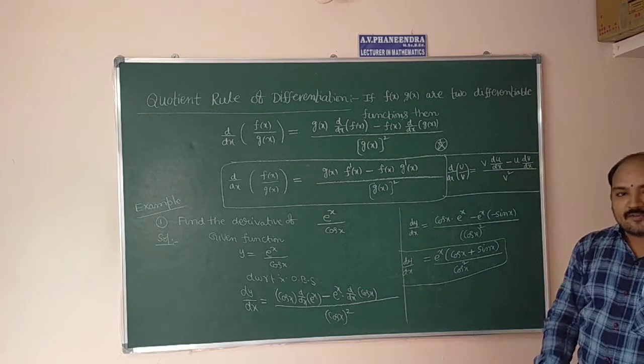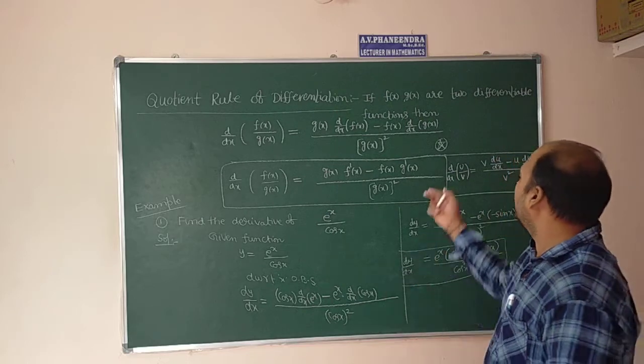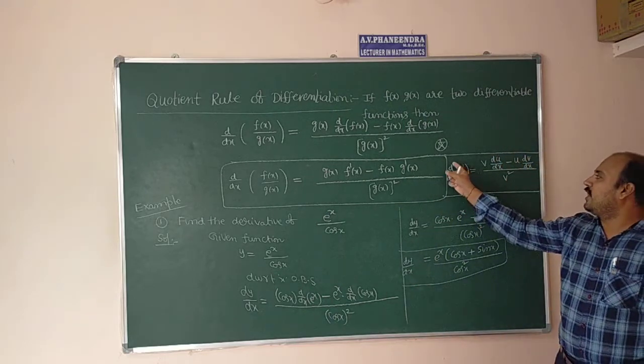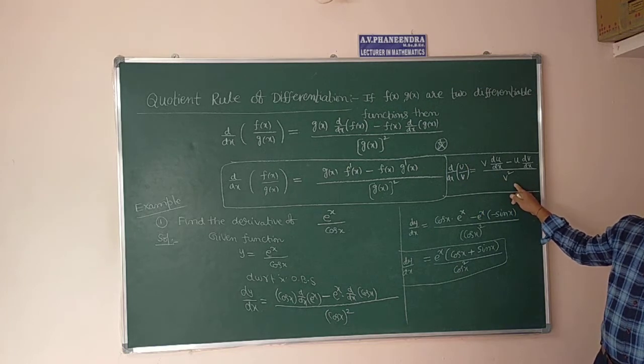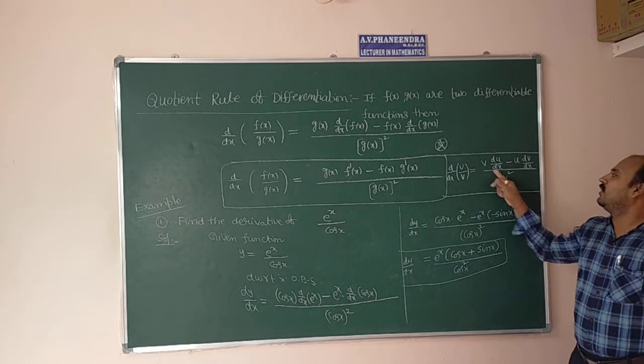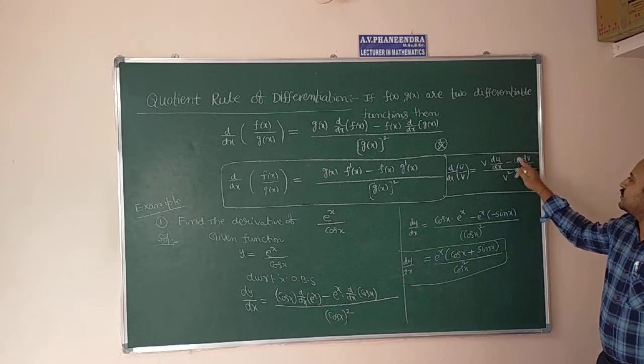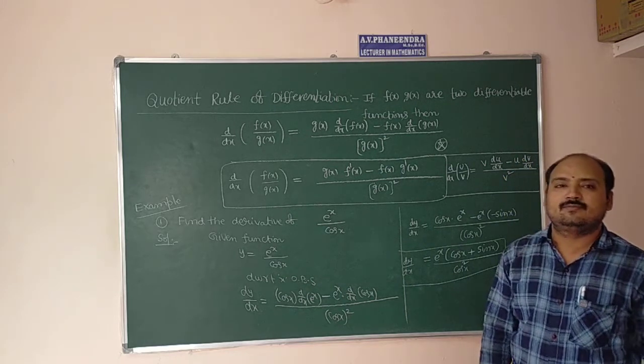If instead of f of x and g of x you want to take u and v, the formula will become d by dx of u by v equal to v square in the denominator, v into du by dx minus u into dv by dx.